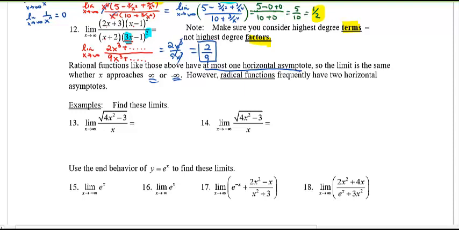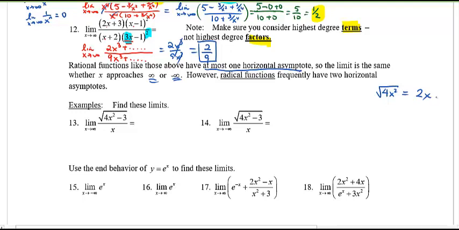And if you said the highest degree term in the numerator is really just 4x squared with a square root, you are correct, because that minus 3 doesn't make much of a difference. But what does this actually simplify to? If you said 2x, I'm going to say no, because really the square root of 4x squared is not 2x.